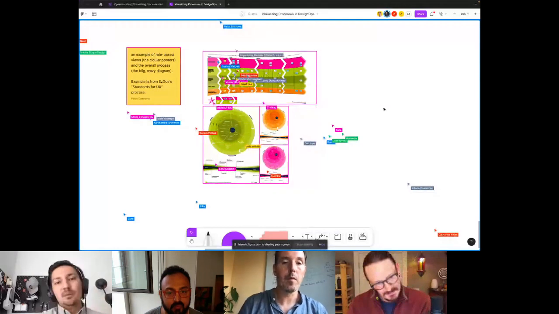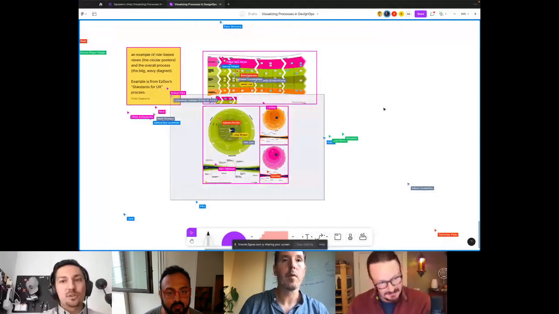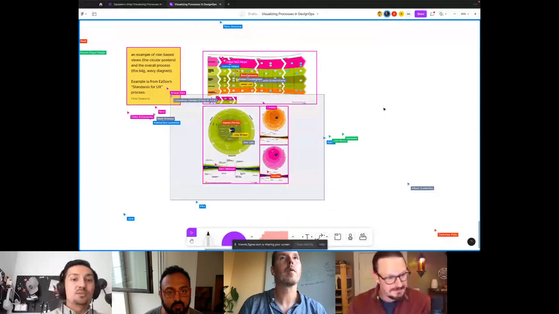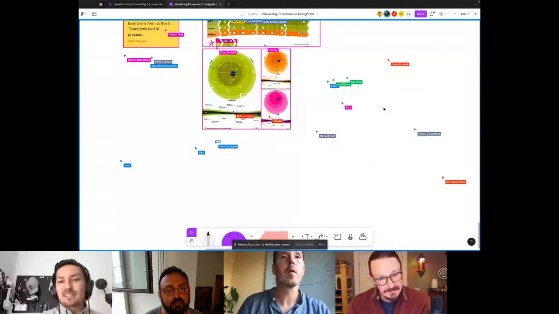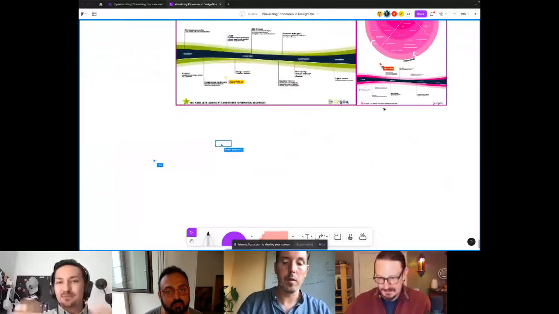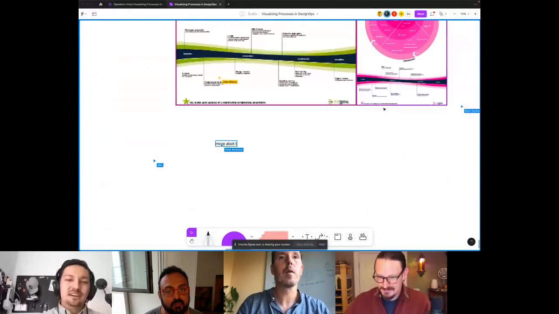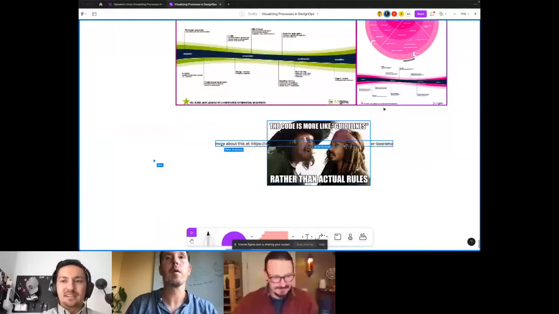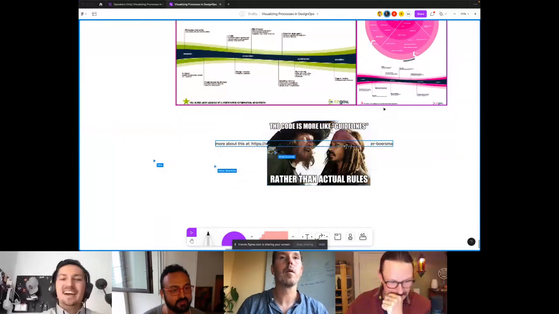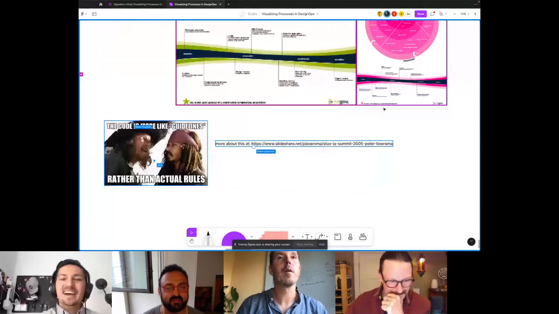But my point is that visualizing and standardizing processes is not a rule. It's more like a guidance for people who are lost in the process and looking for some inspiration or understanding of how we could work together. So that's one of the learnings from my side: it's more like a guideline rather than actual rules.